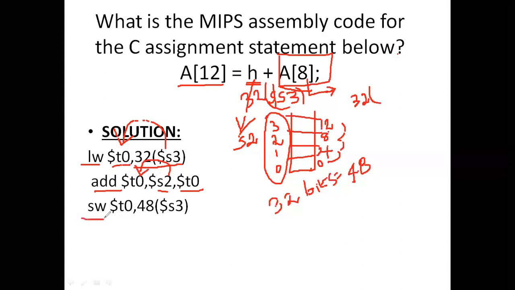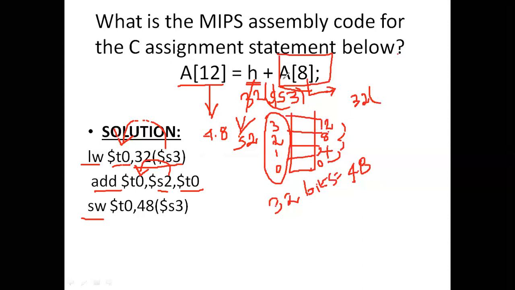And finally, you have to store the result into the array variable A[12]. So what about A[12]? You have to multiply by 4. What are 12 fours? It is nothing but 48. So you are going to use 48 of S3.